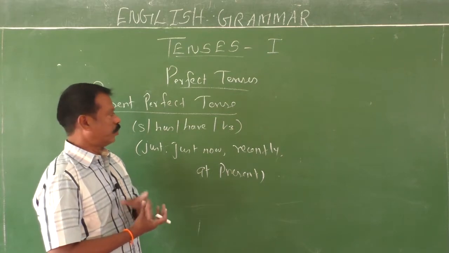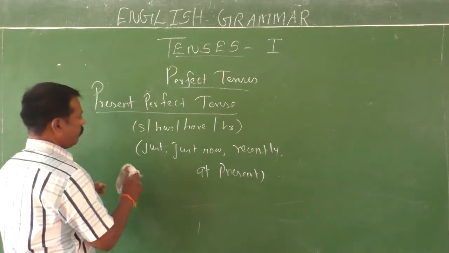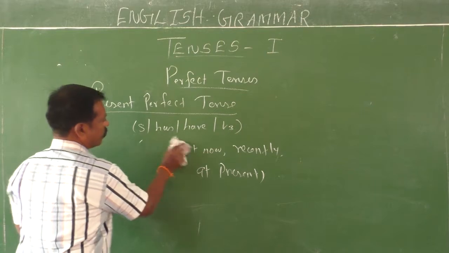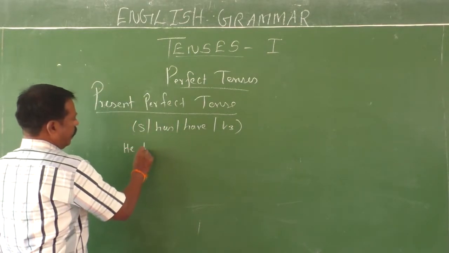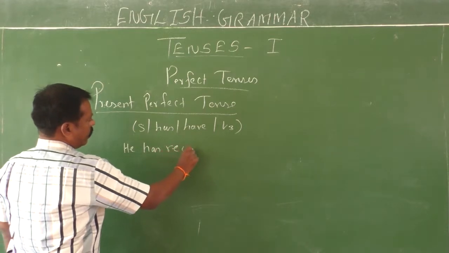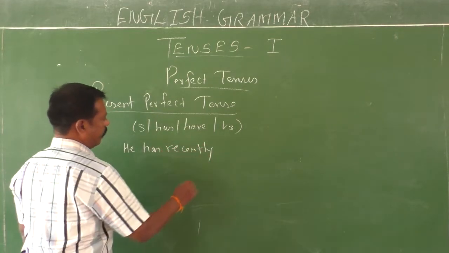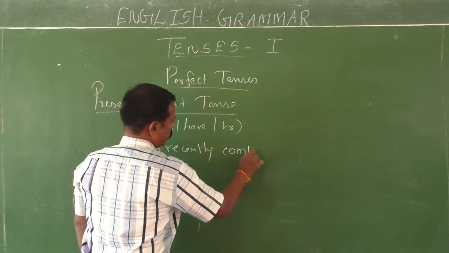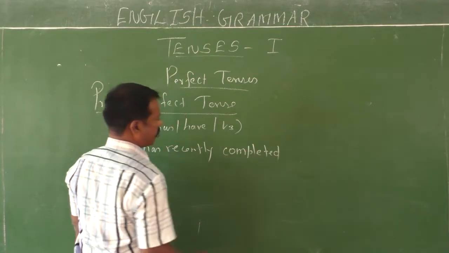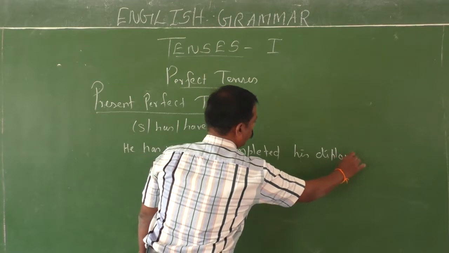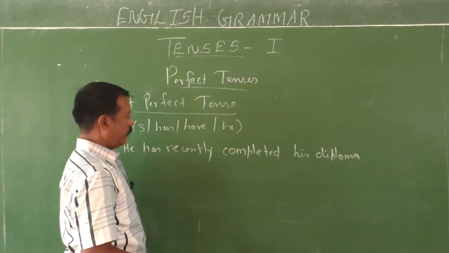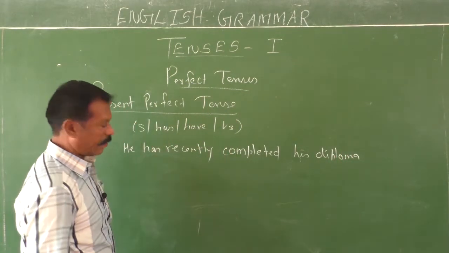That's important. So now see, using all these key words, I will give you some good examples. He has recently completed his diploma course. He has recently completed his diploma.